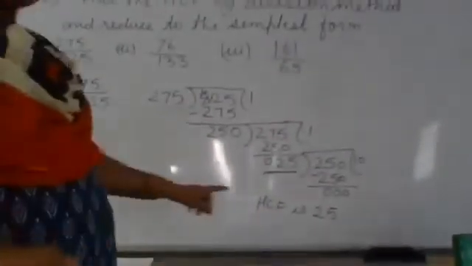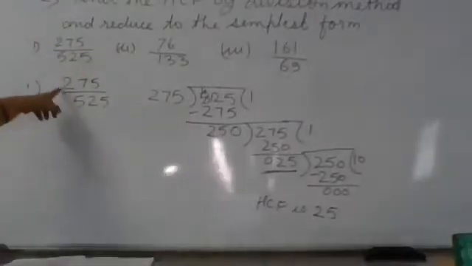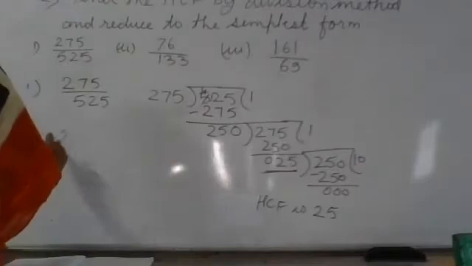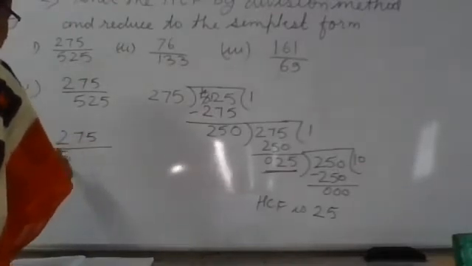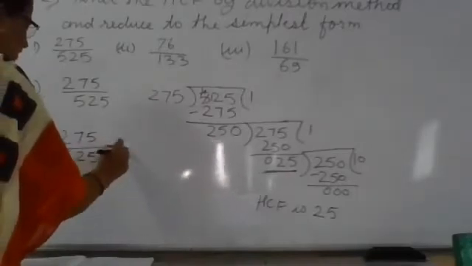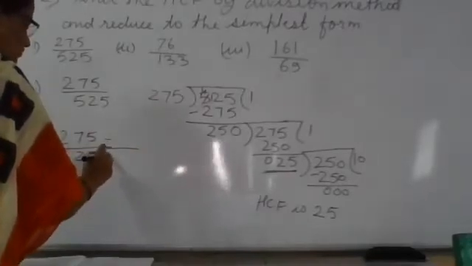Now you have to take this HCF and divide both numerator and denominator by 25. So 275 divided by 525, and their HCF is 25.